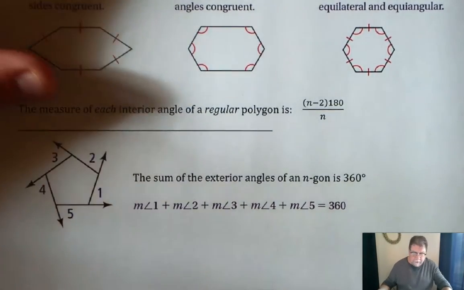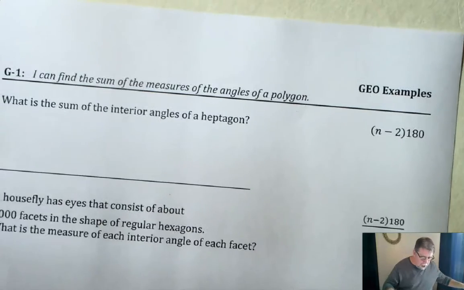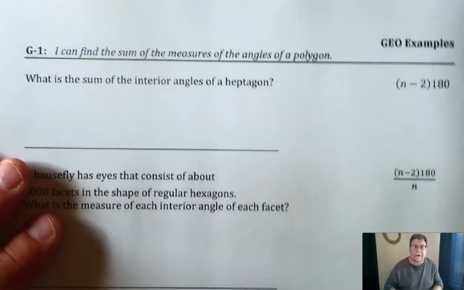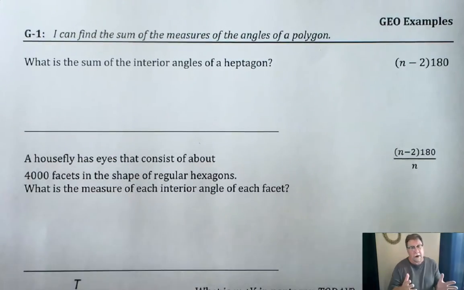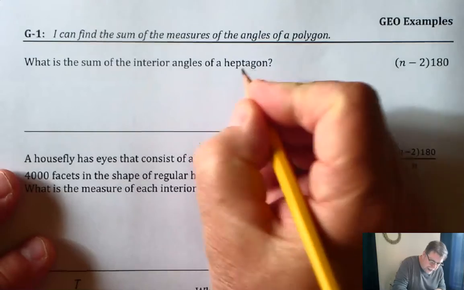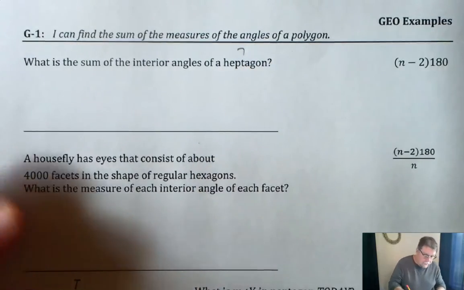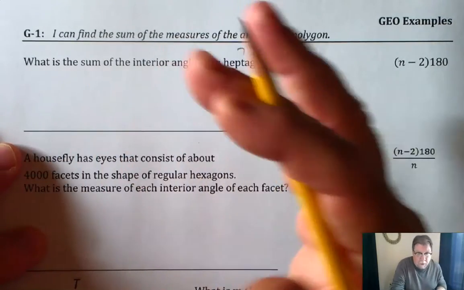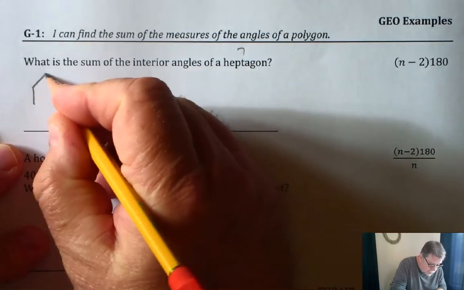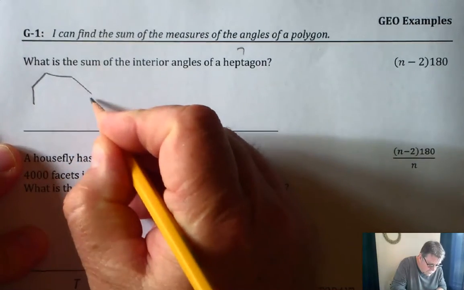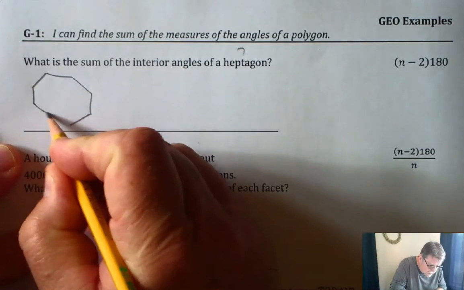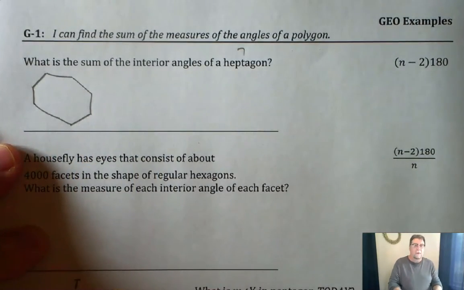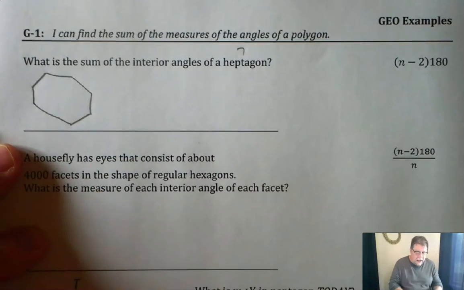So let's take a look at a couple of examples. Here's the sum of the interior angles of a heptagon. Well, you've got to know what a heptagon is. A heptagon has 7 sides. I'm just going to draw a very rough heptagon: 1, 2, 3, 4, 5, 6, 7. So what would be the sum of all 7 angles?